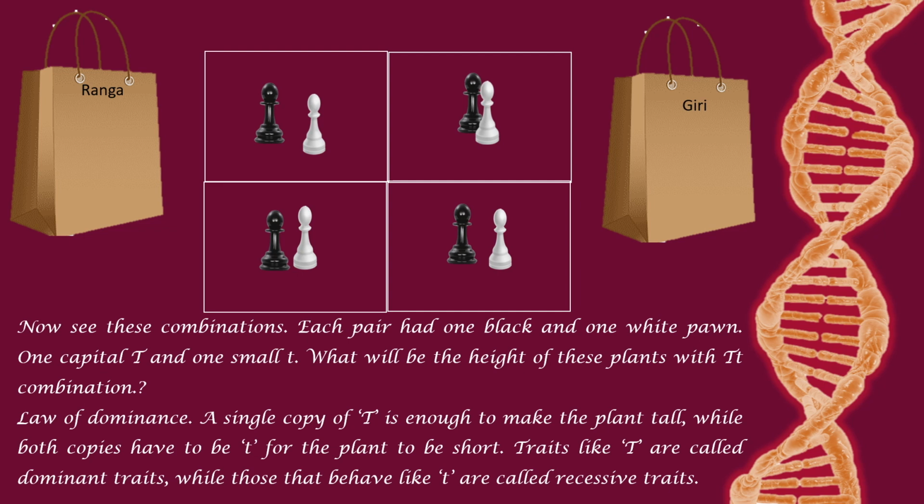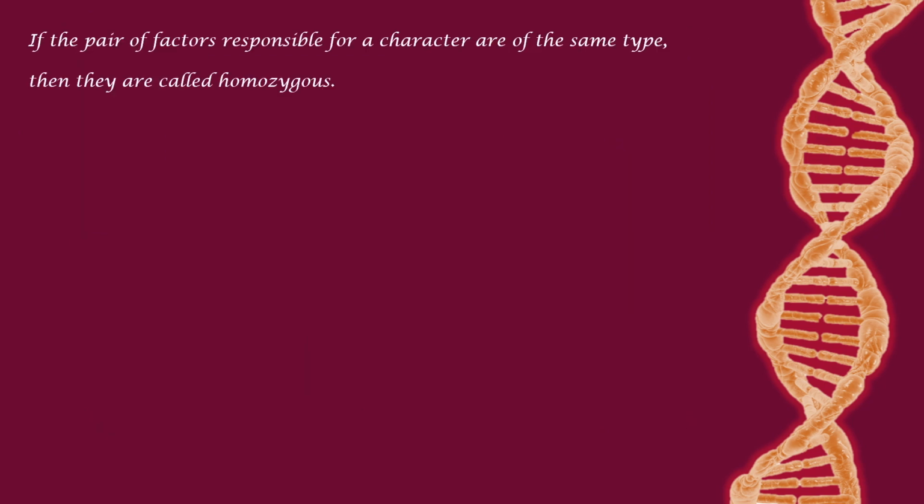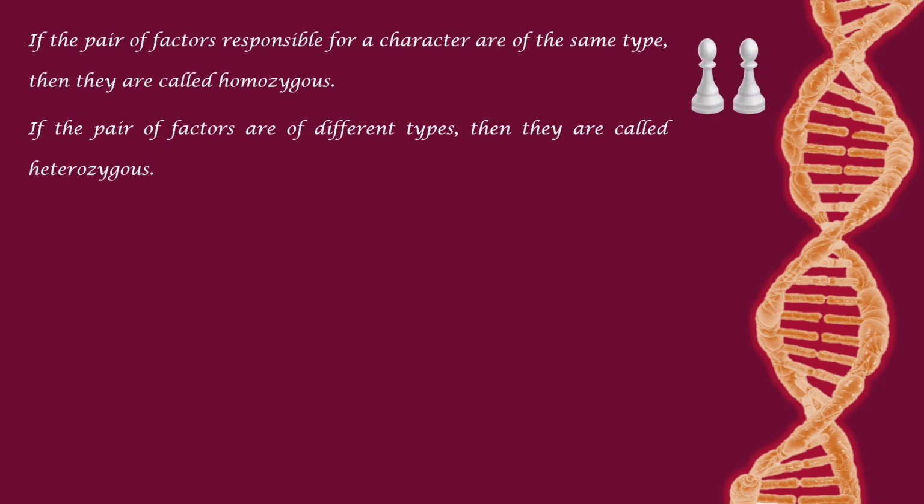Traits like a capital T are called dominant traits, while those that behave like a small t are called recessive. If a pair of factors responsible for a character are of the same type, then they are called homogeneous. Like this. If the pair of factors are of different types, then they are called heterogeneous. Like this.